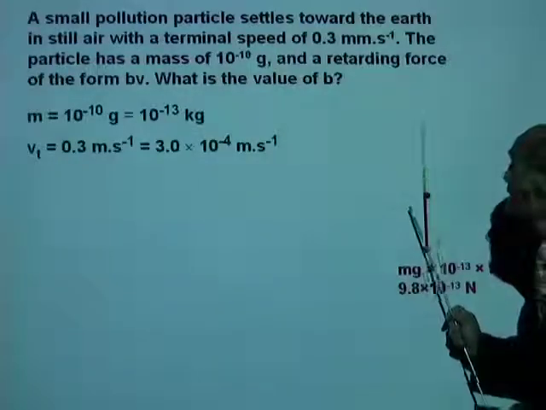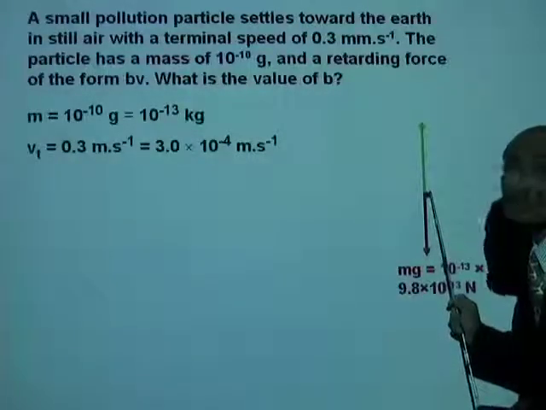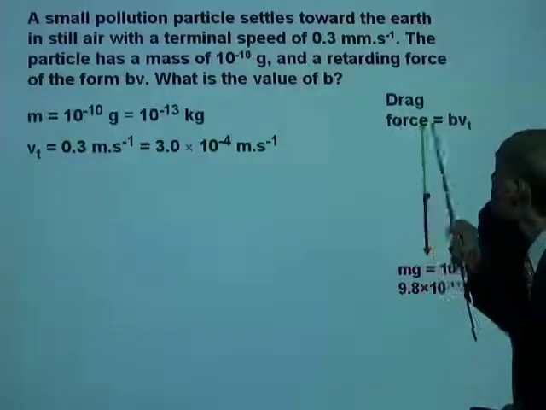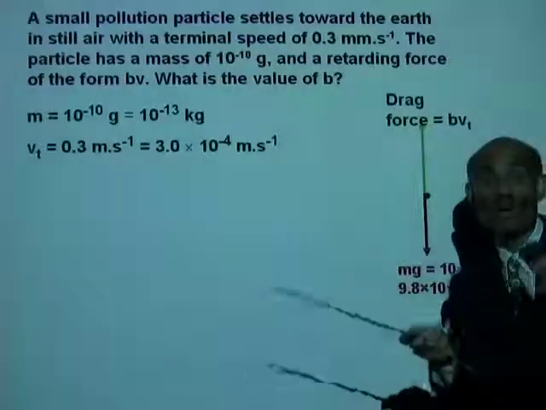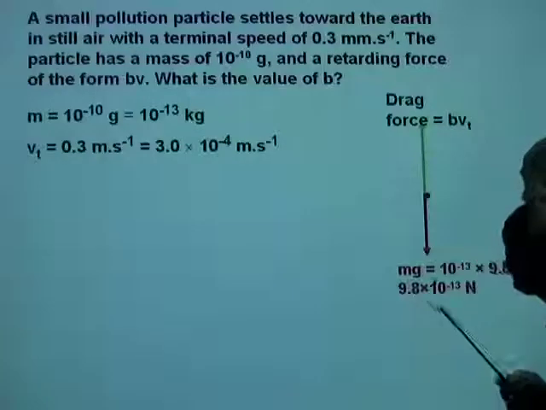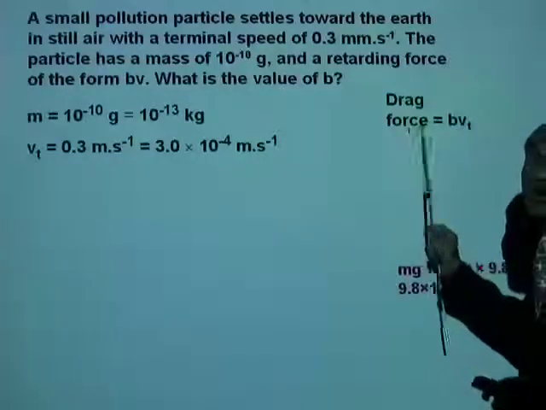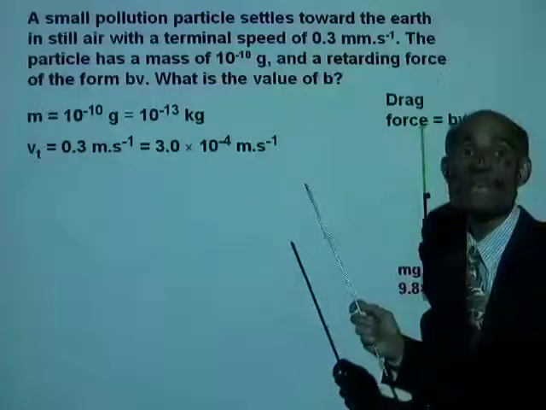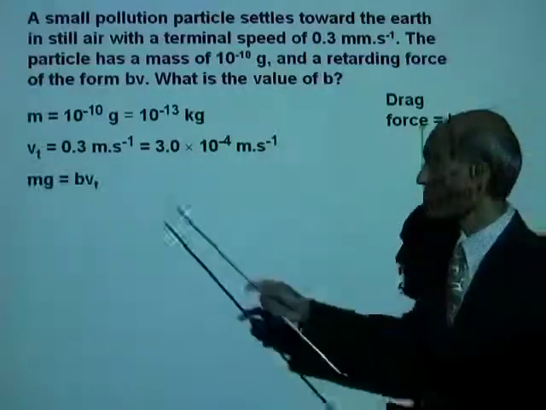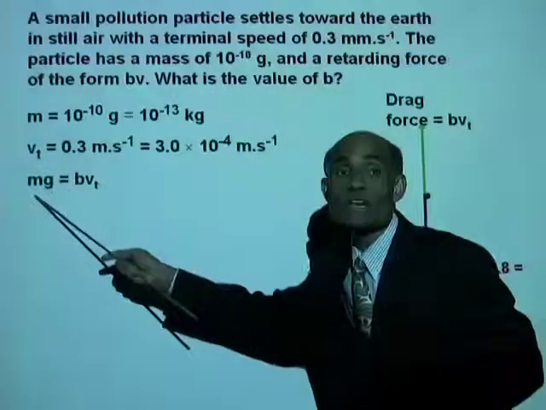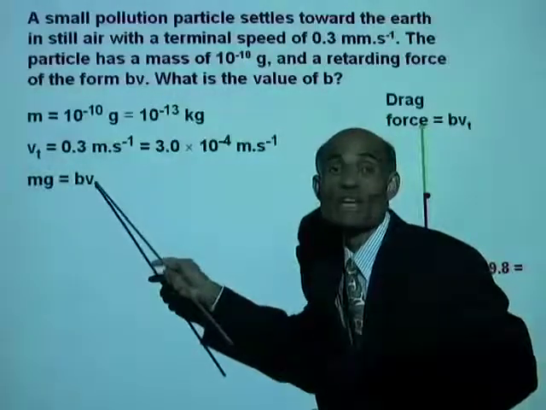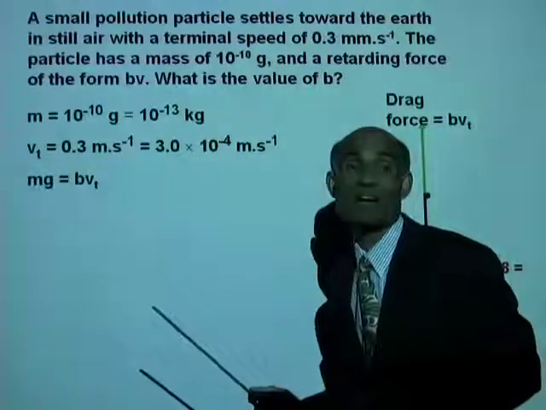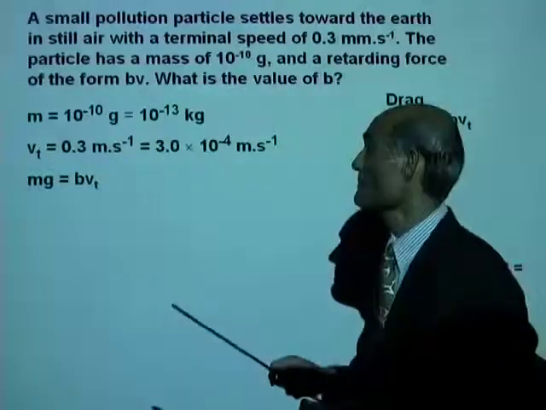And when it is at terminal speed, the drag force will be acting upward and will be exactly equal to the weight. And we are told that the drag force is of the form bv. So mg, the weight of the pollution particle, is the same as the drag force bv.